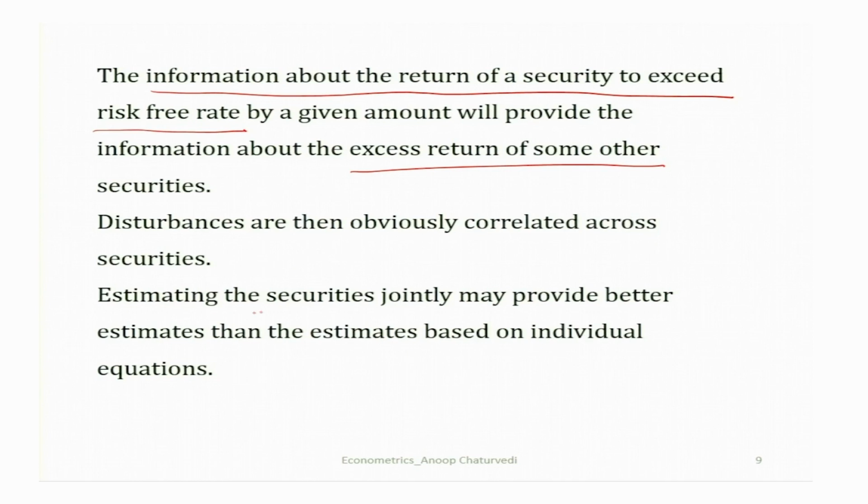Then estimating the securities jointly may provide better estimates than estimates based on individual equations. So, you have two options. You simply apply OLS to different securities and get the estimates of beta, but then you are not going to utilize the information about a security contained in other equations.